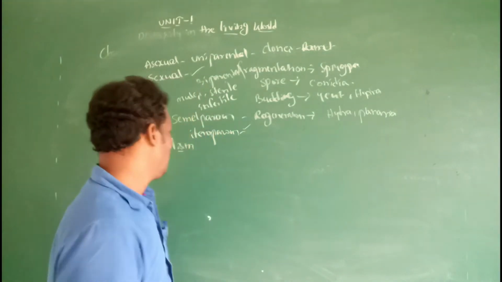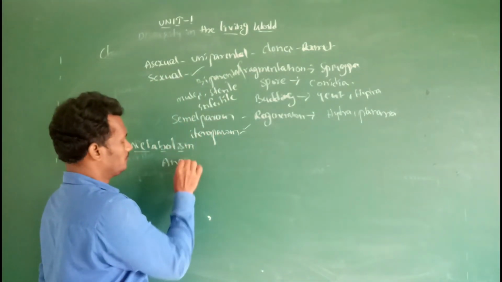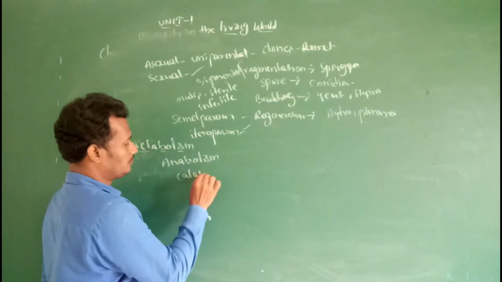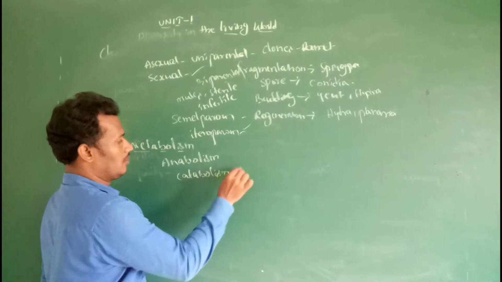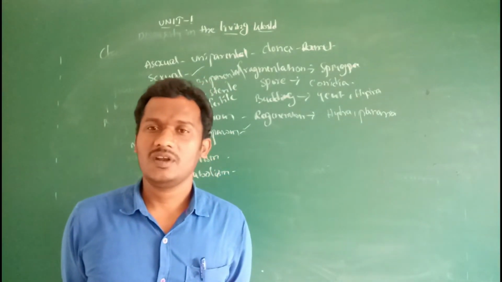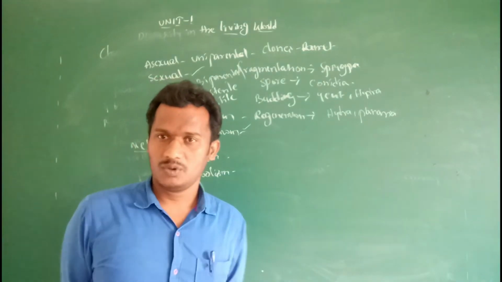Metabolism is generally divided into anabolism and catabolism. Anabolism is a constructive process, catabolism is a destructive process.